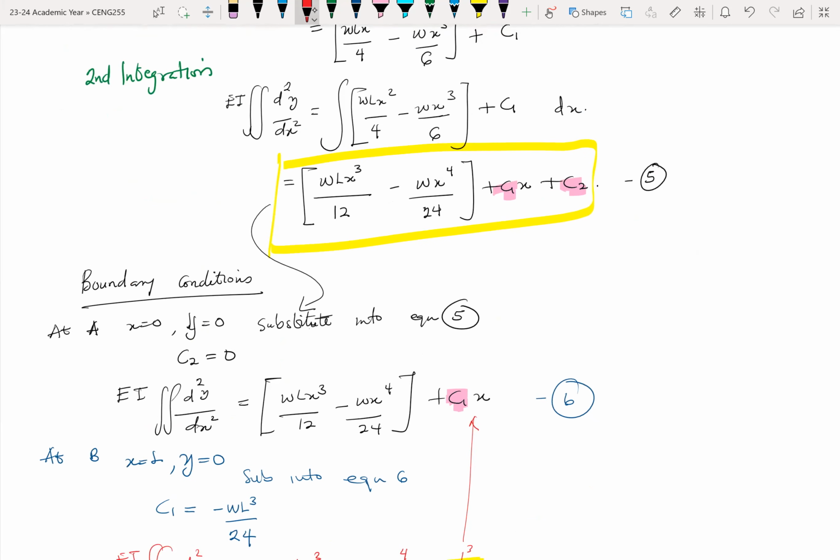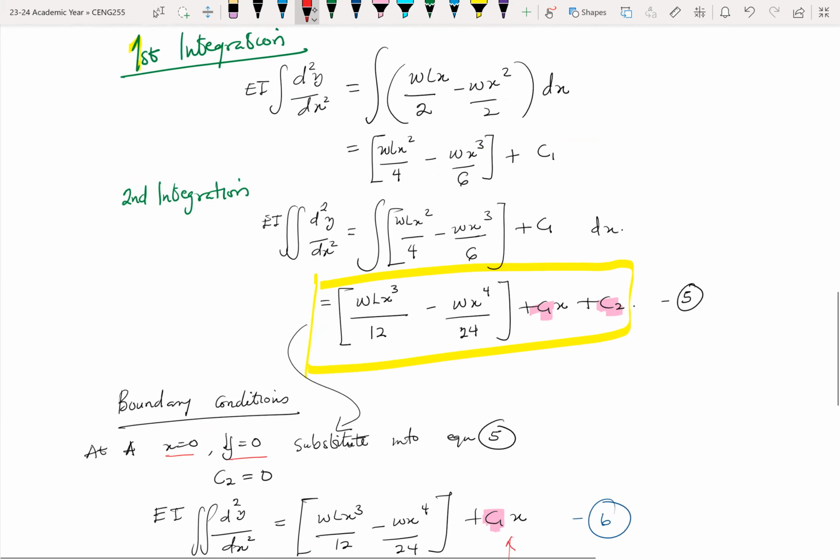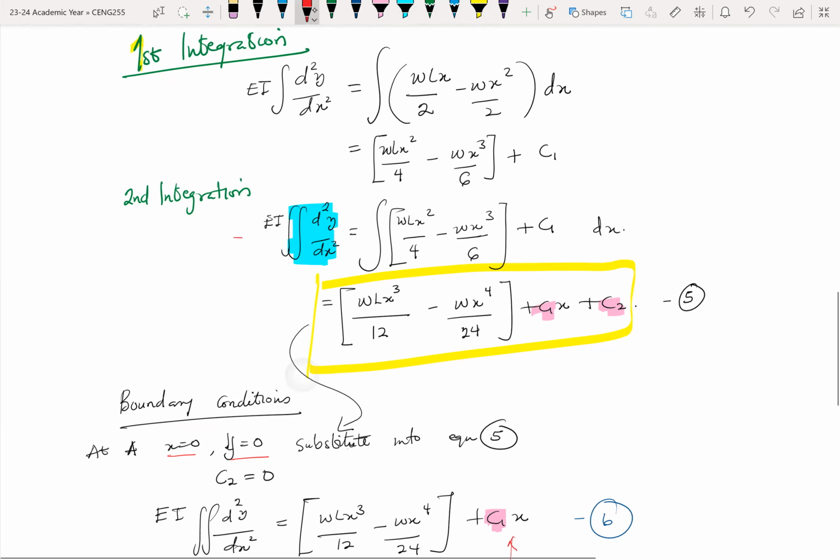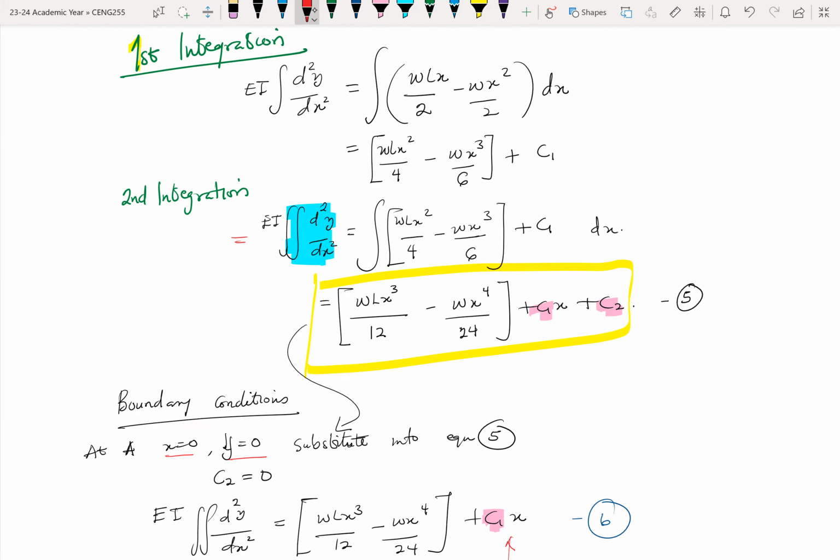So if x is 0 and y is 0, you substitute these values into equation 5. One other thing to take note of, which I think maybe I've not mentioned here, is that double integration of a double differential is the same as the deflection.